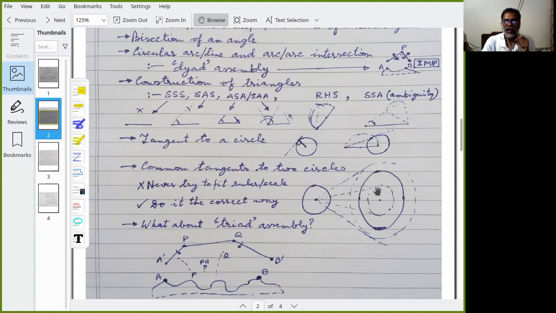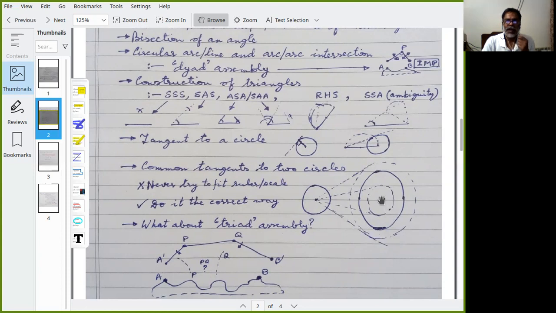Once you have done that, you move this parallel to itself to touch here and here, like this. That is the direct tangent. Another will be parallel to this. That is like this. And for that, the way is easy.